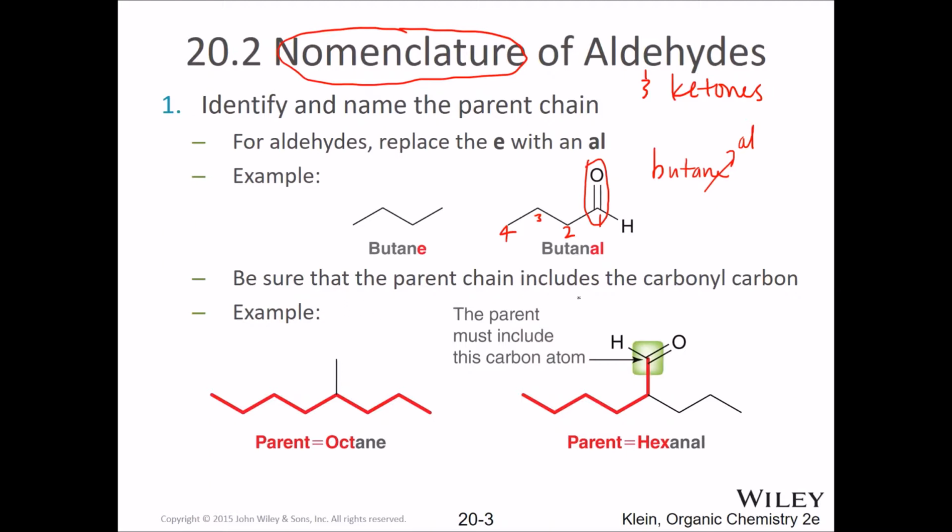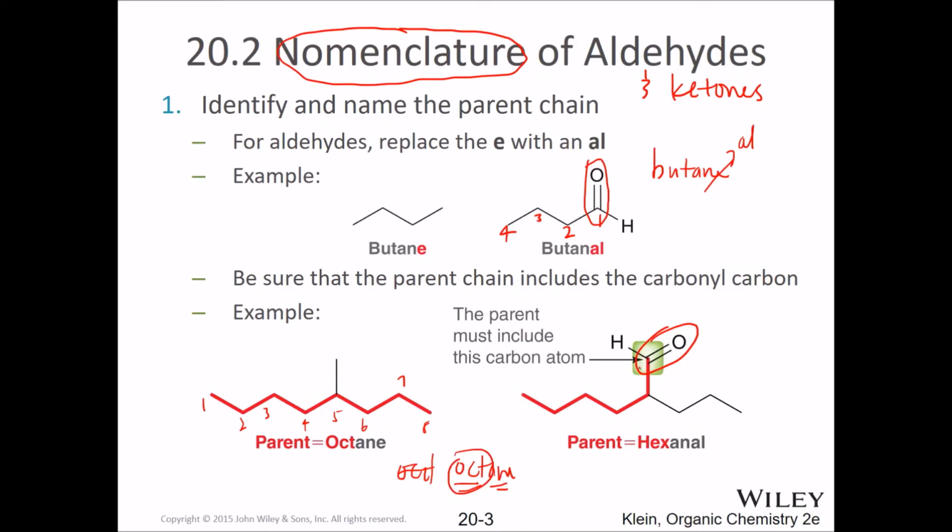Be sure that the parent chain includes the carbonyl carbon. So if you've got a carbonyl carbon in there, it is in the parent chain, right? So watch this. If this is 1, 2, 3, 4, 5, 6, 7, and 8, so this is octane. How do you spell octane?